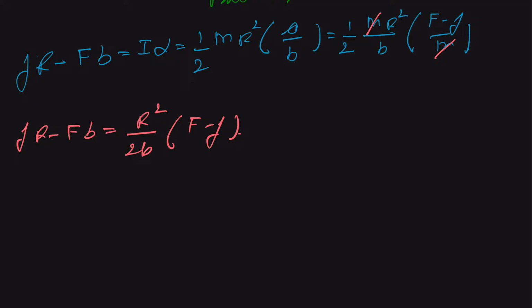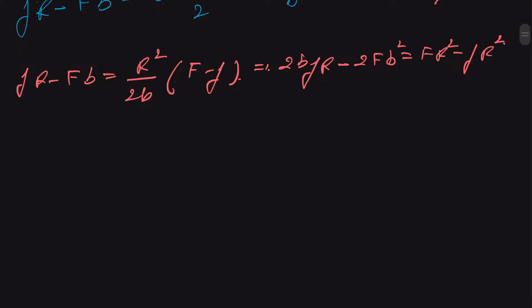And this is now part of calculation, the rest are solved. So we multiply our left side, so we get this as our 2BFR minus 2fB square is equal to F R square minus frictional force R square.